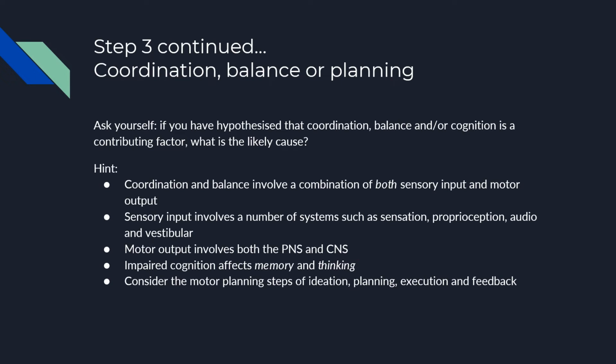There are more than I've listed, but these are the ones I've seen the most on placement, and I presume are most likely to be seen when you're on placement. So with motor output, this involves both the peripheral and central nervous system, similar to the previous slide when we talked about motor control and strength. So you need to consider both of those. A good example of a central nervous system cause of issues with motor output would be ataxia, which is obviously pathologies of the cerebellum.